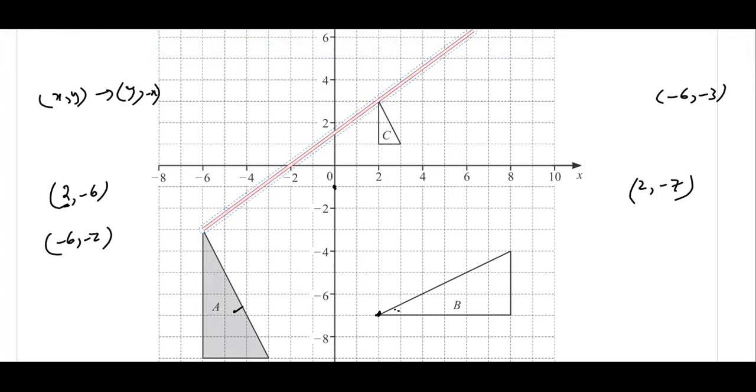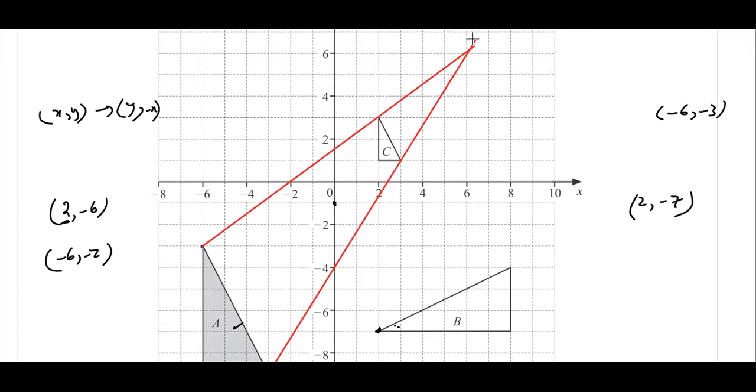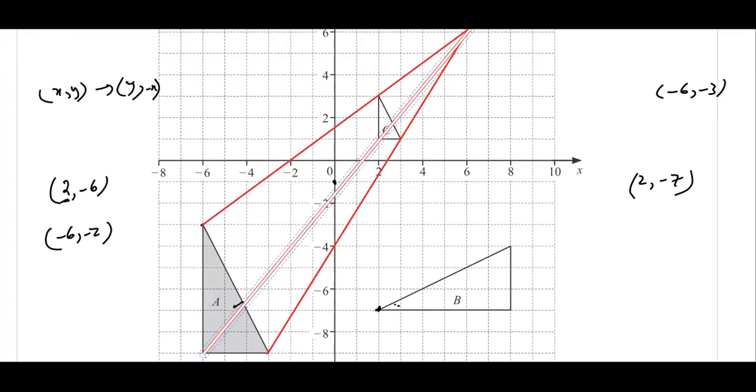Then this one, I will join and will increase further. Similarly, this one, third side, corresponding sides. So where they all cross, that will be the center of the enlargement.